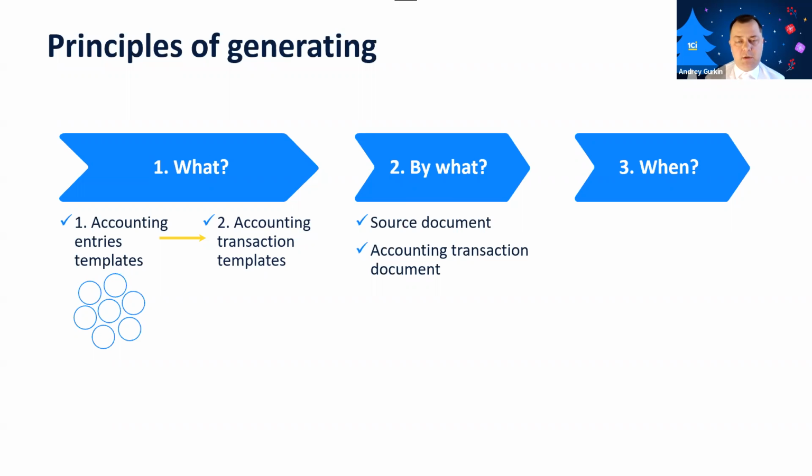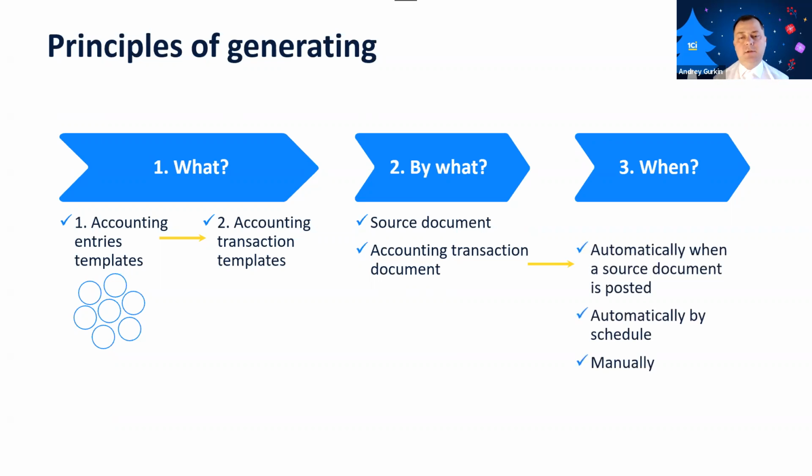Regarding the answer to the question of by what, the first option you already know. Source documents: it's the classic generation when the entries are generated by the source document. But here you can see the second option, the accounting transaction document. It's a new type of document which can generate the entries by itself, and it can be suitable for different cases, such as, for example, you don't want to bother yourself or your managers with the entries, and maybe you want to generate the entries once a month, for example, for your corporate account, and so on.